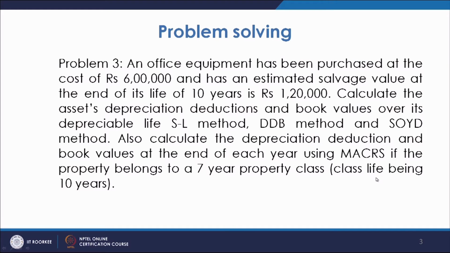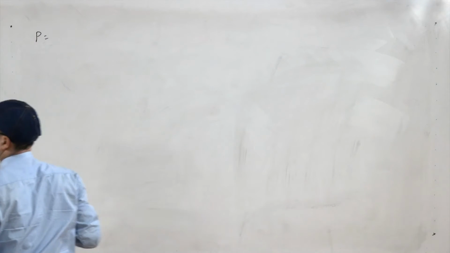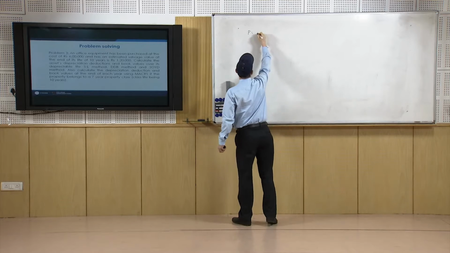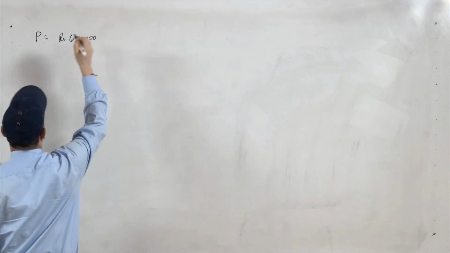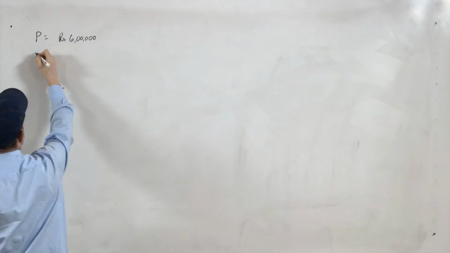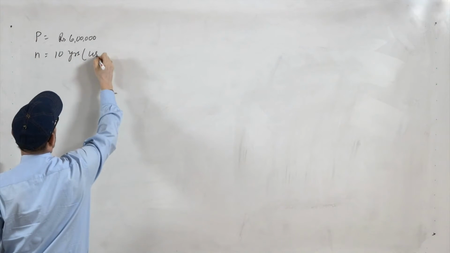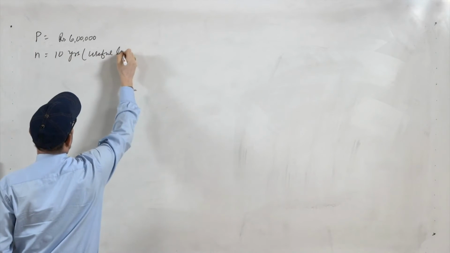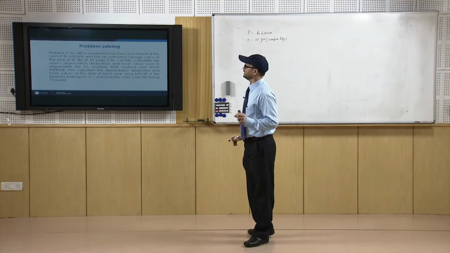Now, in this question it is given as P as rupees 6 lakh, N as 10 years, the useful life of the asset is 10 years.